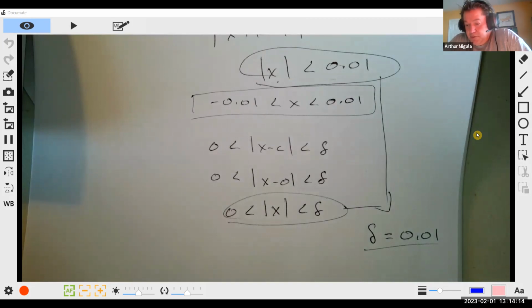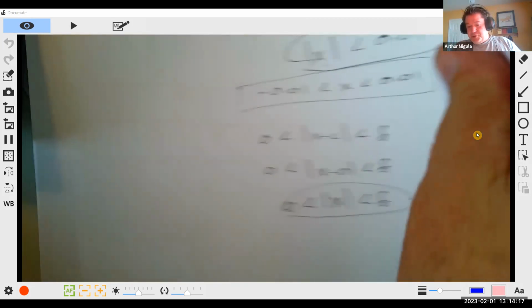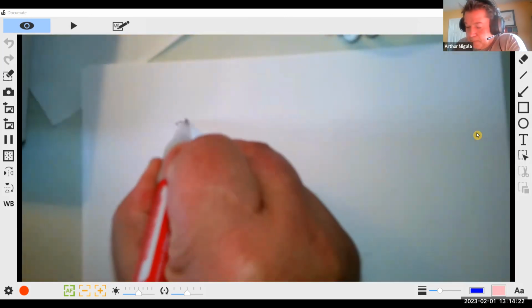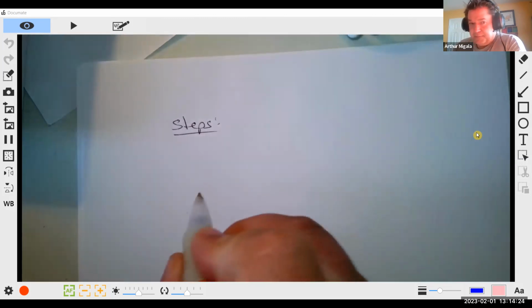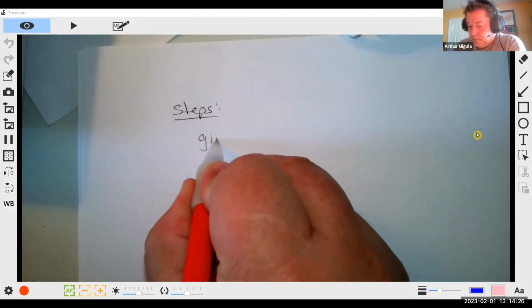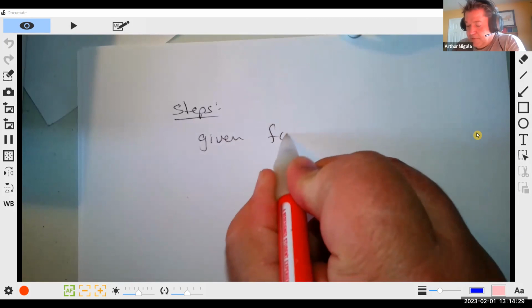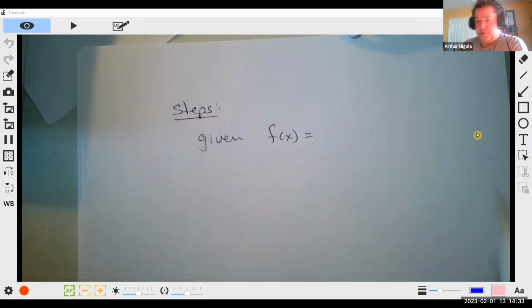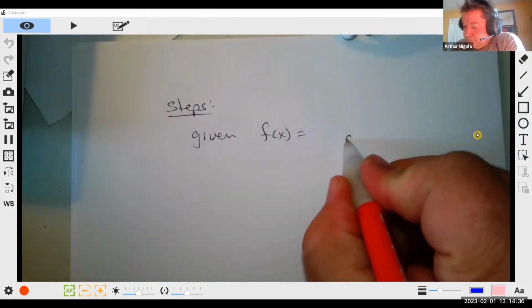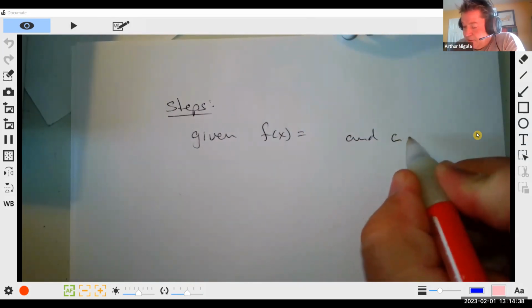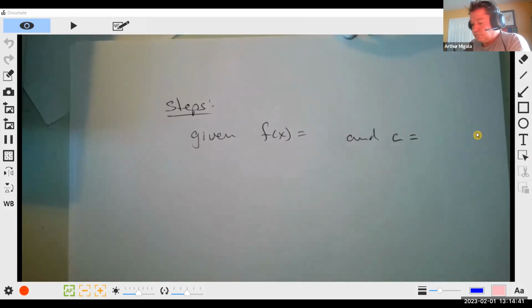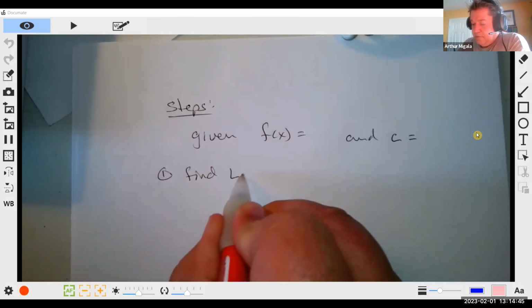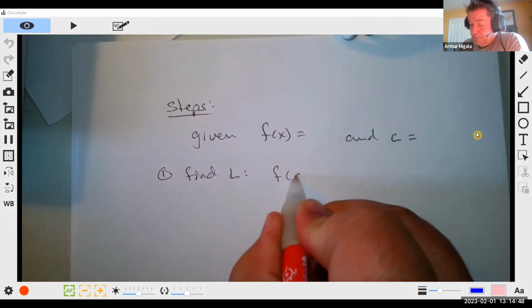Okay, so let's recap. The first thing you have to do is find the steps. Given some function f of x, and some value c, find L. Plug it in there.